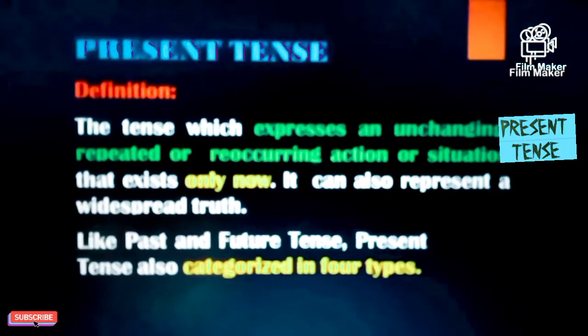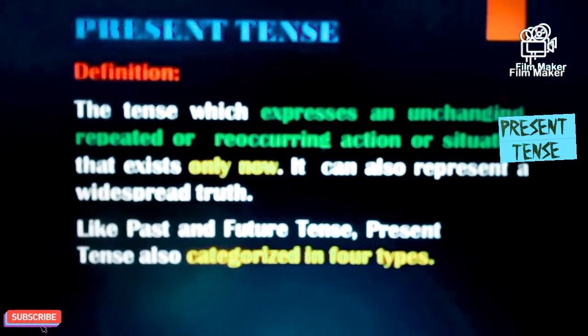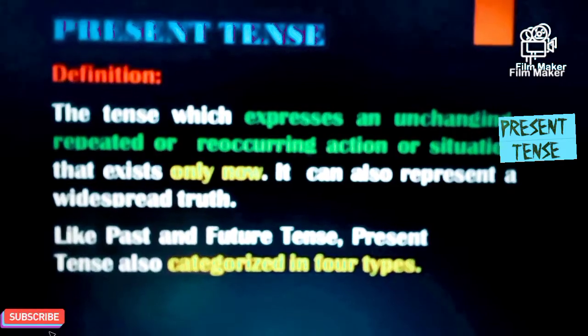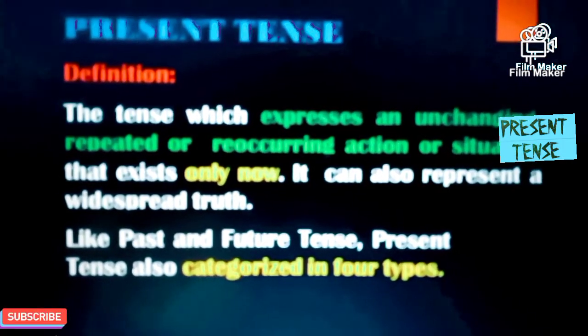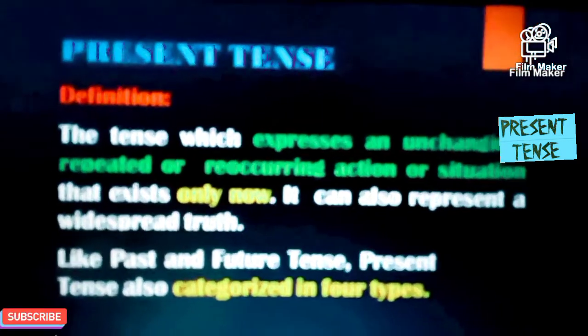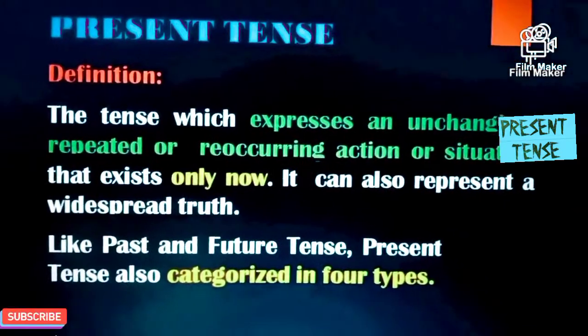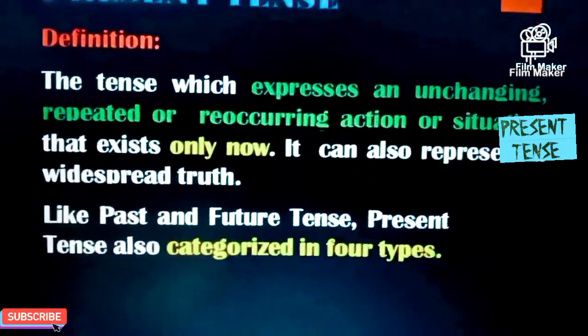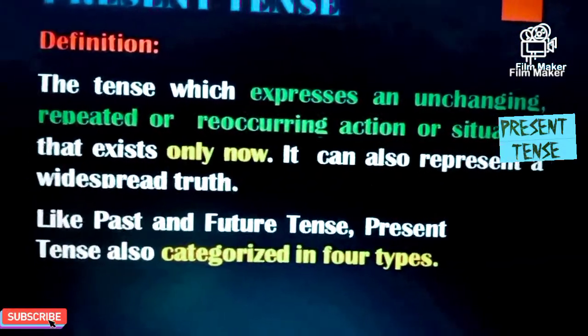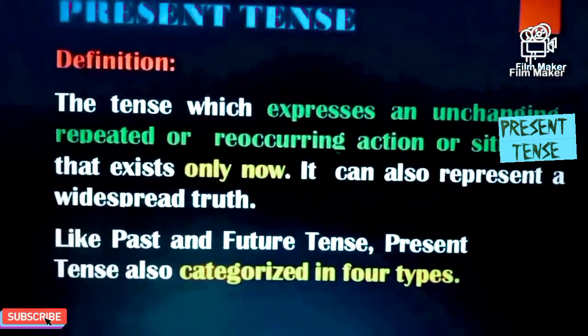It is used to focus on these kinds of things. Like all other tenses, just like future and past tense, the present tense is divided into four wide categories. Here are some of these words you can focus on to understand the present tense better.